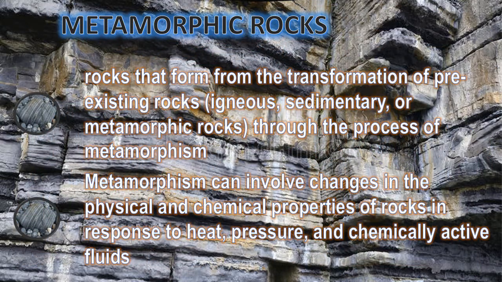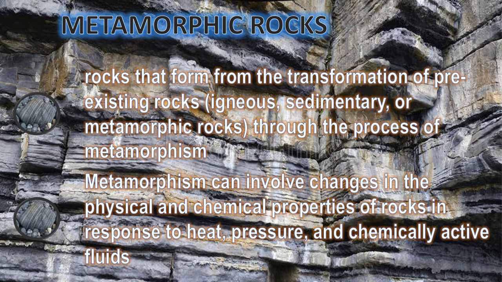Next, we have the metamorphic rock. So it is a rock that forms from transformation of pre-existing rock. The pre-existing rocks might be igneous, sedimentary, or metamorphic, through the process of metamorphism. So when we say meta, it is a new form of a rock.